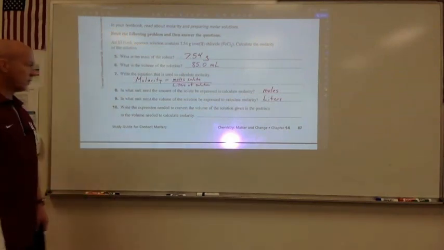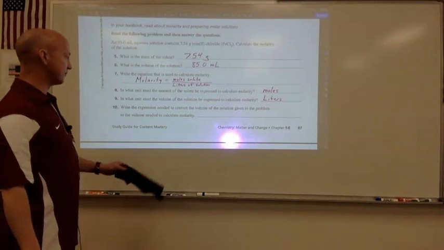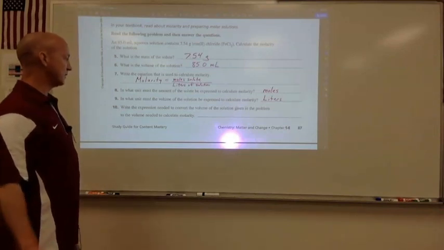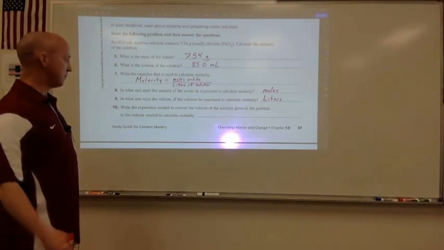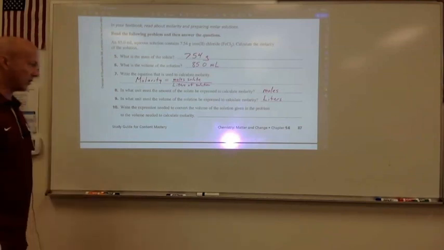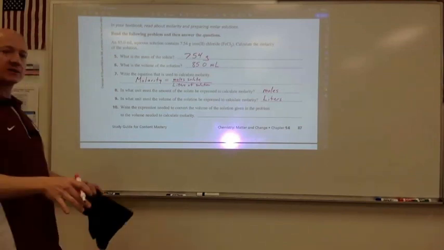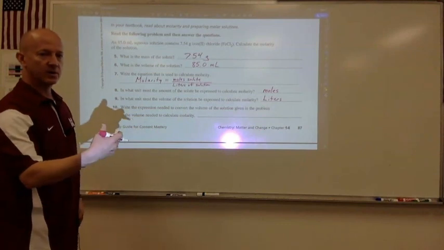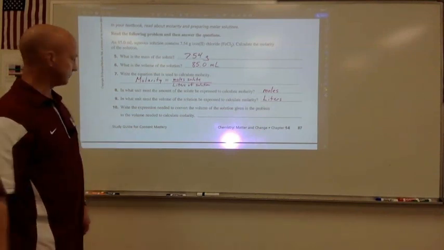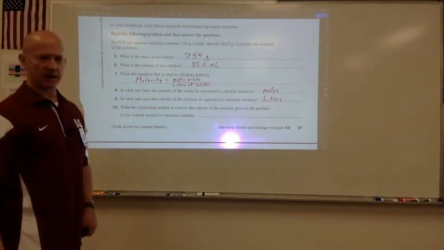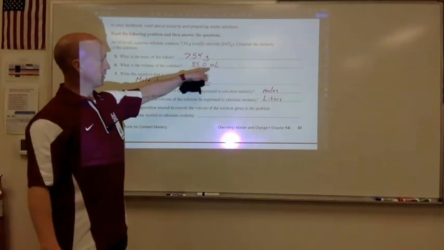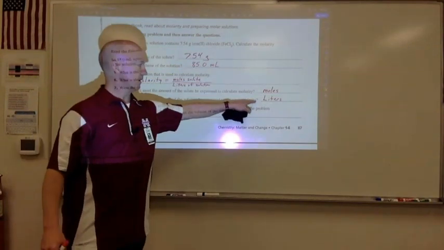Number 10, write the expression needed to convert the volume of the solution given in the problem to the volume needed to calculate the molarity. Here's where we start to make our calculations. We need to convert, because we have milliliters of volume and we need liters.